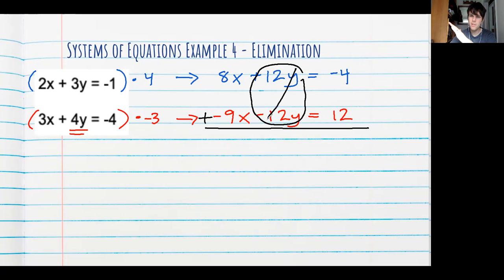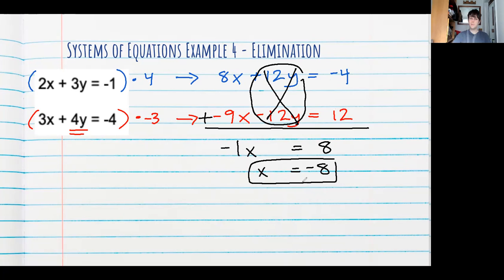Those are going to make 0. Our y's are going to cancel out. But we need to get the rest of this here. So 8x plus -9, that's going to be -1x. -4 plus 12 is 8. Divide both sides by -1. I'm going to get x equals -8.